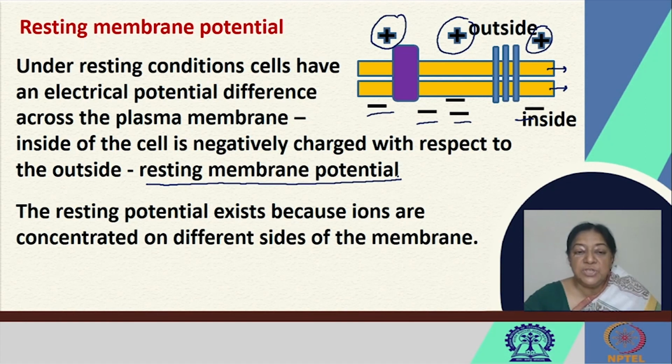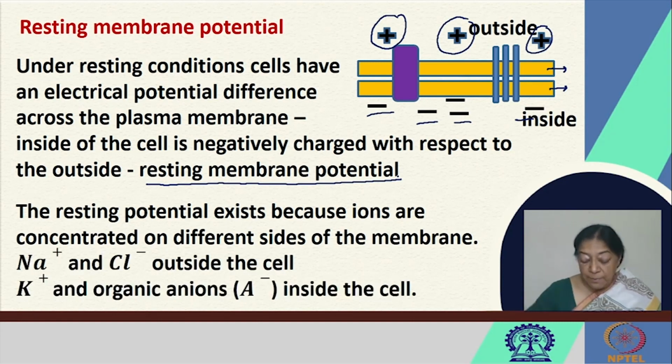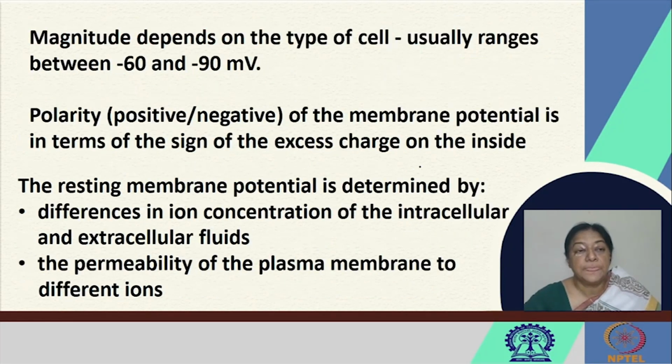The resting potential therefore exists because ions are concentrated on different sides of the membrane. For example, we could have Na+ and Cl- outside the cell, and K+ and organic ions, generally written as A-, inside the cell. So this difference in the charges across the cell membrane gives us what is called a resting membrane potential.